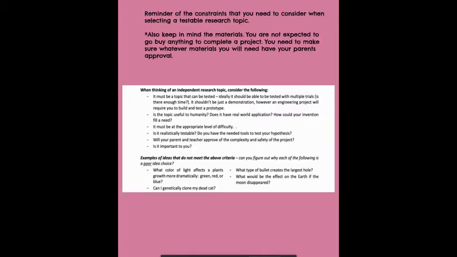I just posted in here some things that you want to consider. We talked about this when we did your original research on finding a science project. I want to remind you of the constraints. The word constraints means limitations that you need to consider when selecting a testable research topic. You also need to keep in mind the materials.